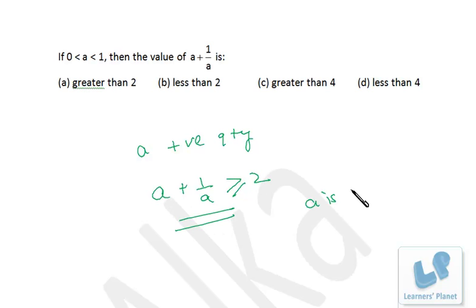Provided a is positive. Okay, so it's always greater than 2. We cannot set the maximum limit greater than 4 or less than 4. Greater than 4, it is not necessary. If a is say 2, then it will not be greater than 4, right?